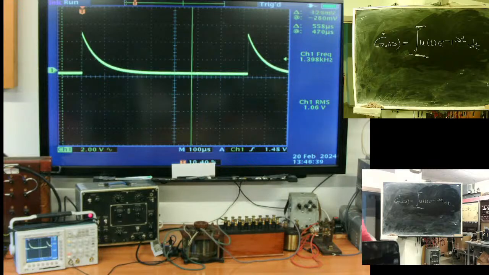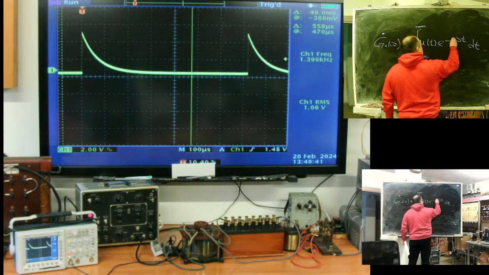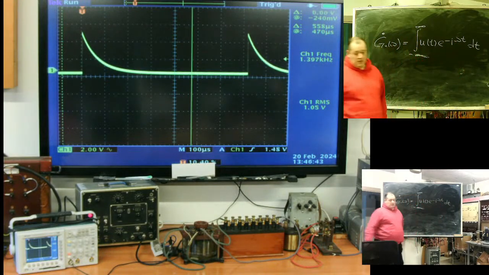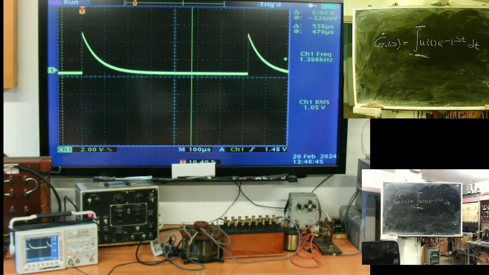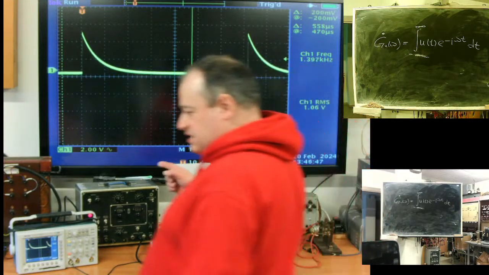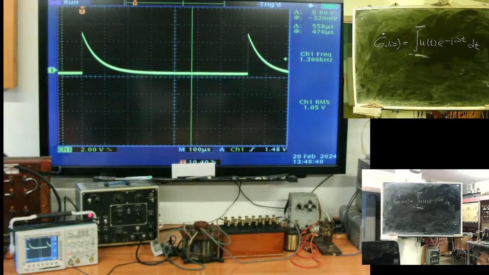In previous, we saw what? For a periodic signal, its decomposition to Fourier series, or its Fourier image, was a set of real frequencies at 1 omega, 2 omegas, 3 omegas, and so on.